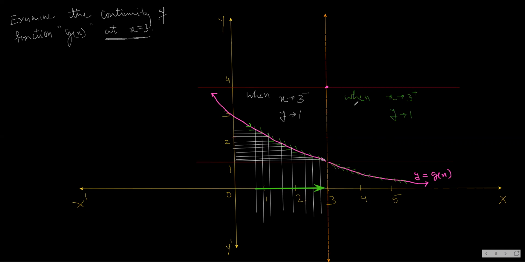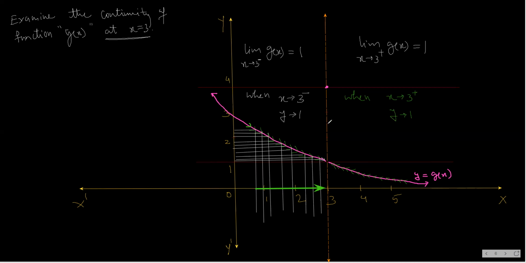This part here is your right hand limit. You will write limit g of x when x tends to 3 negative is 1. And here you would write limit g of x when x tends to 3 positive is also 1.